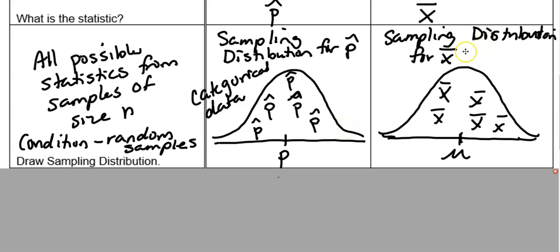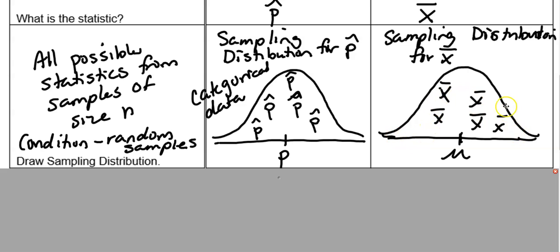Same thing here. This is a quantitative variable, something you can find the average of. If I were to take a sample of data and find the average value, we used heights in class as an example. We found the average height of a sample of class members, and we plotted a bunch of different x bars, and we found that they made a distribution.